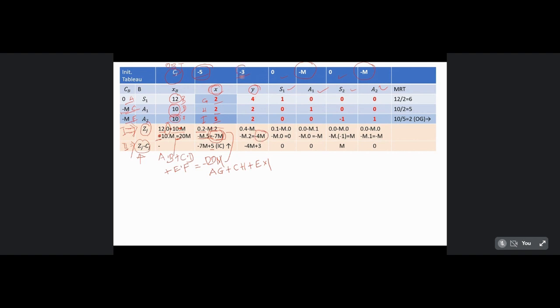To that we are adding minus of -3, so +3.